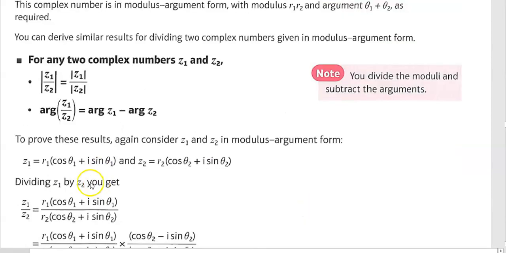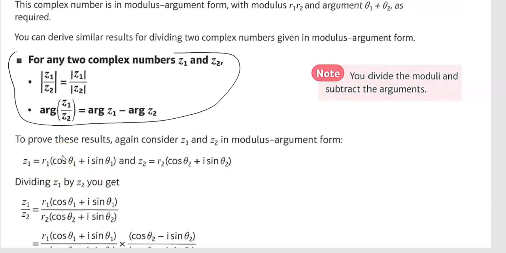Okay, so the two results which are important for you, you have a result here in this box, and that's when you divide complex numbers. So for two complex numbers, z1 and z2, the modulus of z1 divided by z2 is the modulus of z1 divided by the modulus of z2, and the argument of z1 over z2 is the argument of z1 minus the argument of z2.